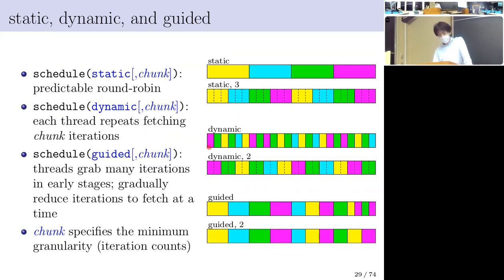For example, in this particular case, this purple thread happens to be the first one that becomes available, so it gets the first iteration and works on it. Meanwhile, this green thread becomes available next, so it simply fetches the next iteration that has not been started by anybody else. This just goes on until all the iterations have been fetched by some threads.